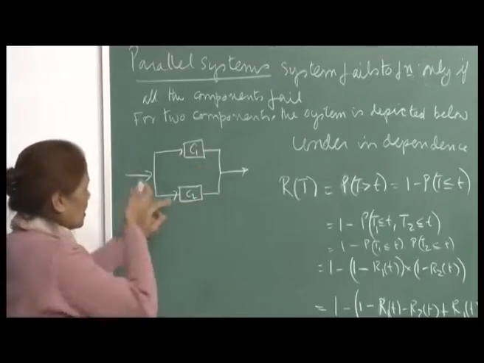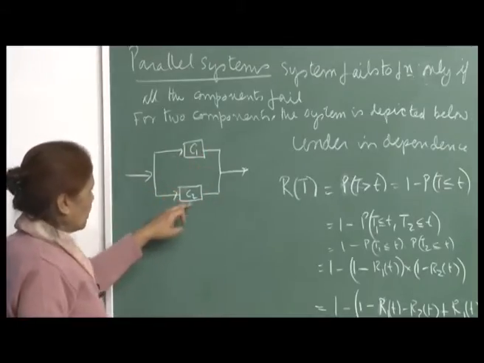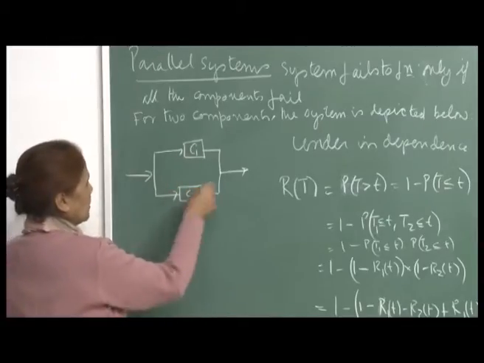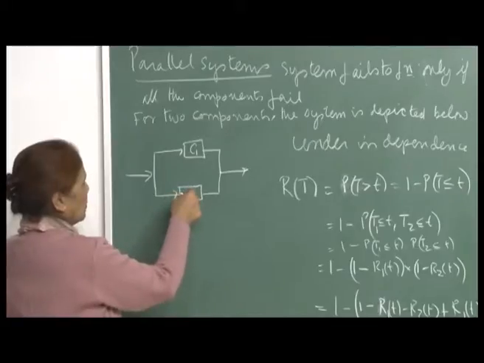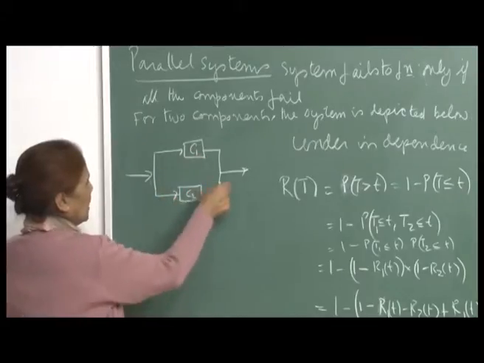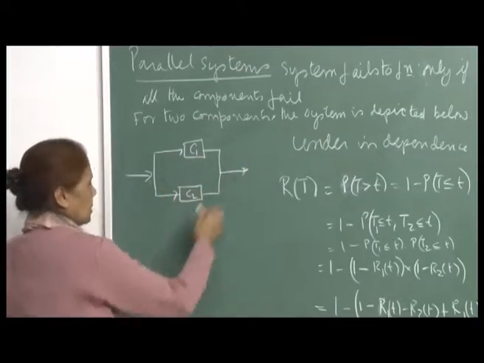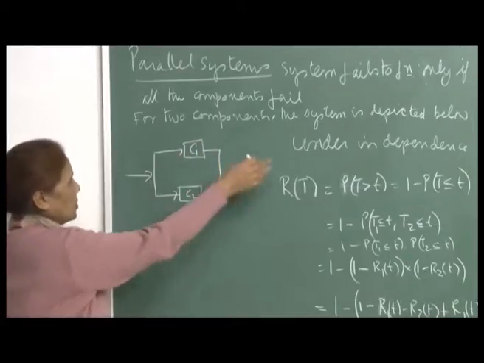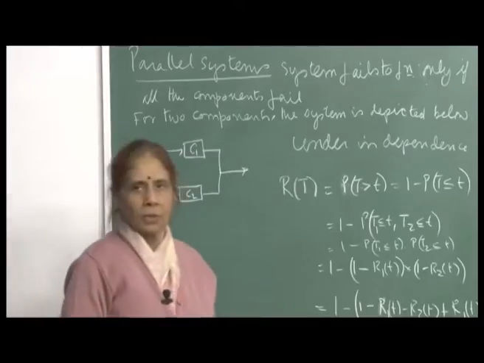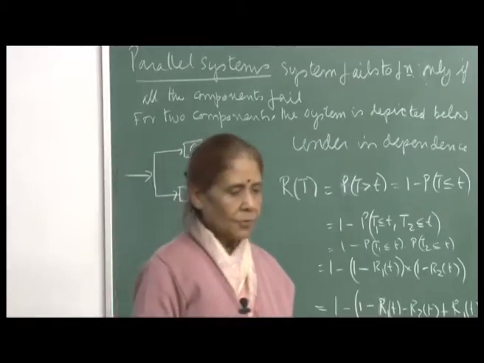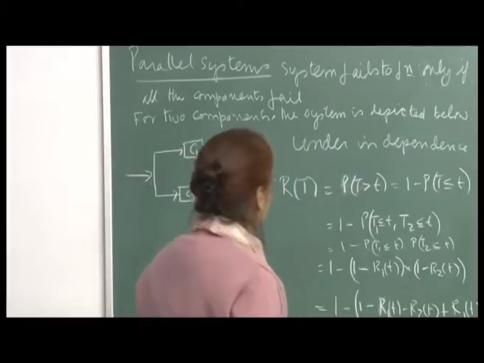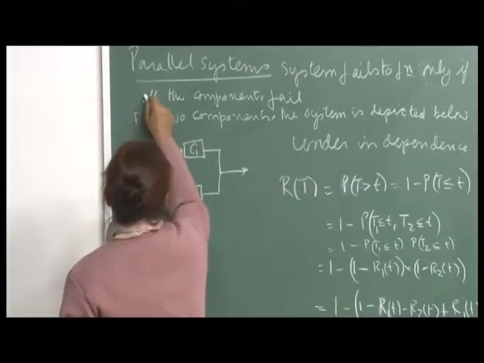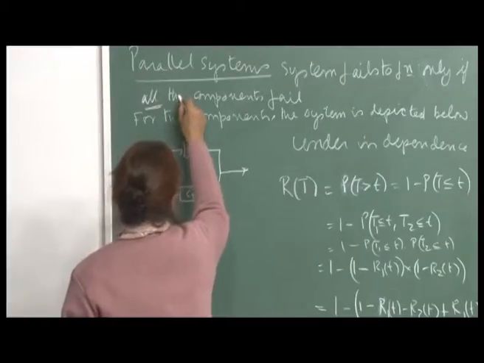The system will fail only if both of them fail, because as long as one is functioning, the input will go through it and the operation will still be performed. So, for the system to fail, both of them have to fail.